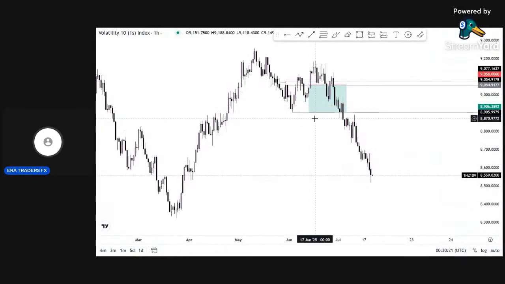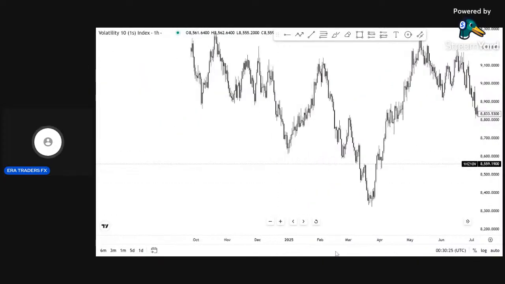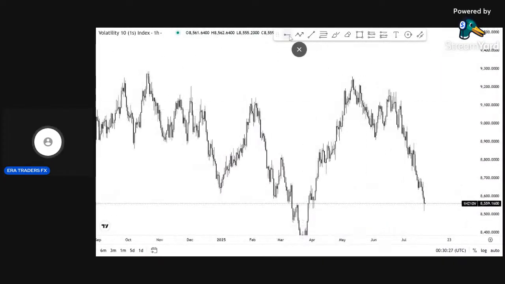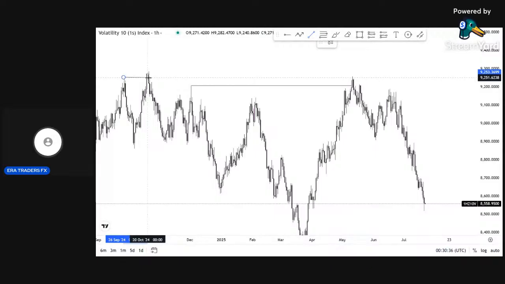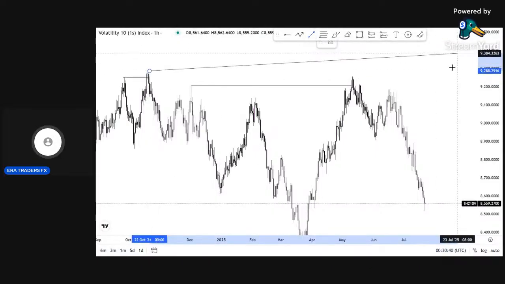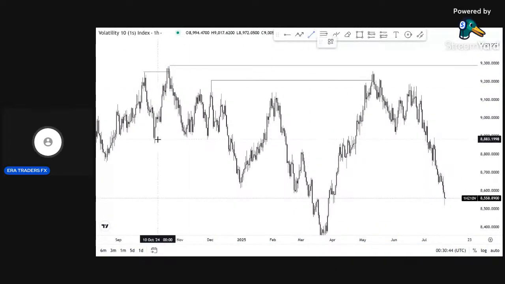On this pair, let me see another pair. V101S. Let me remove this. It has been following our projection right from the time we had the structural liquidity that was taken out, and we had a sweep of that high. This gave us a protected high, and this was our break of structure.